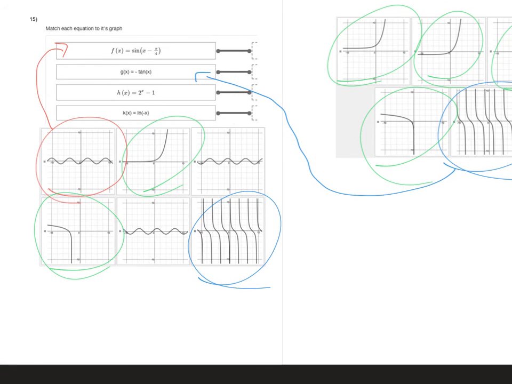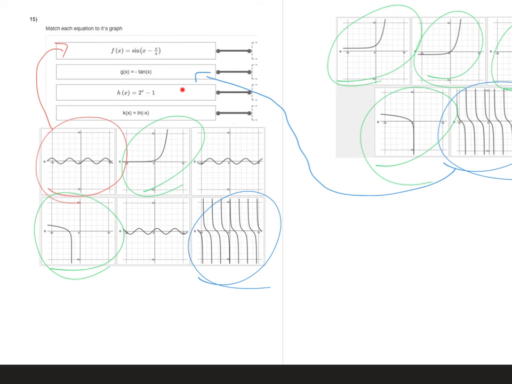So if we think about what this minus 1 here would do, all it's going to do is take my exponential and shift it down 1. Now, if I think about my normal exponential, I know that anything to the 0, any non-zero to the 0, so 2 to the 0 would be 1. And then I shift it down 1, so it would have a y-intercept right through the origin.